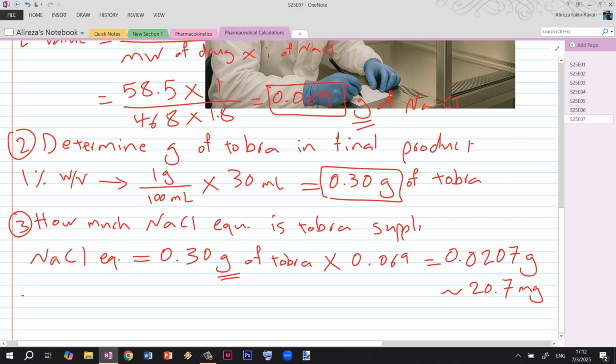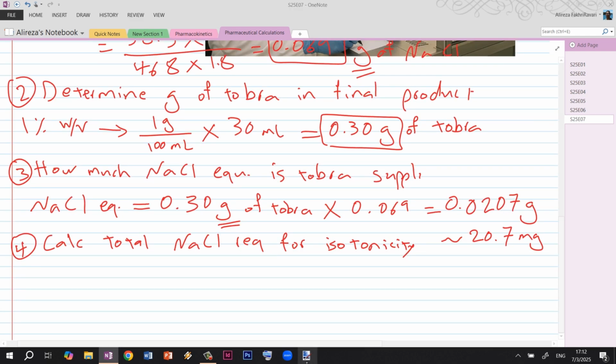And now we go to the next step, step 4, which is calculate total sodium chloride required for isotonicity in the final product. So the final product is 30 milliliters.